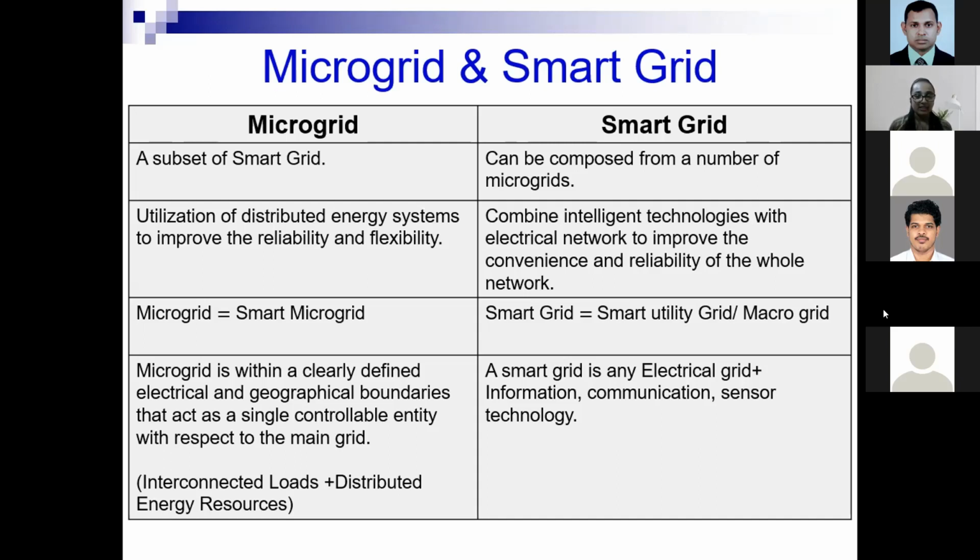Smart means a small scale grid refers to a microgrid, while smart means the utility grid, the macro grid, refers to the smart grid. This means the concept of smart grid applies to any unit of power system that is made intelligent.